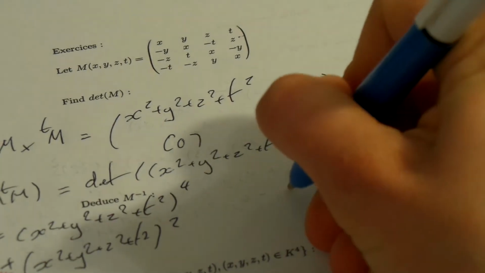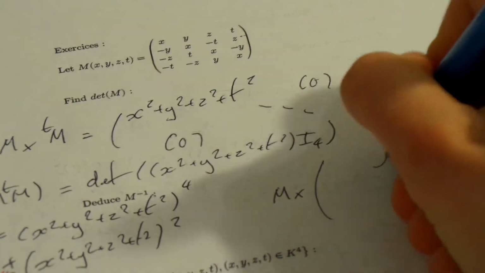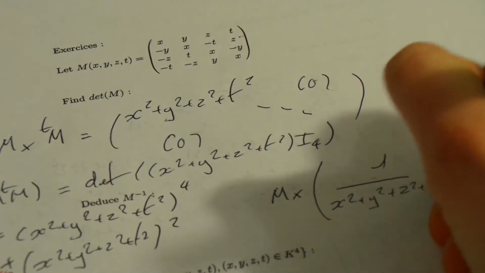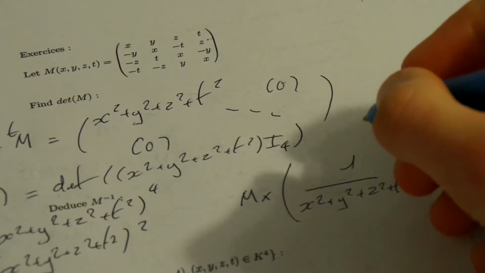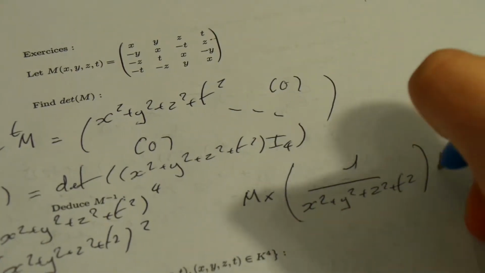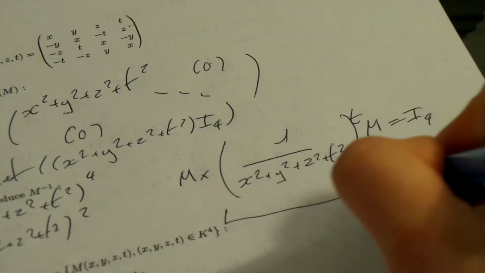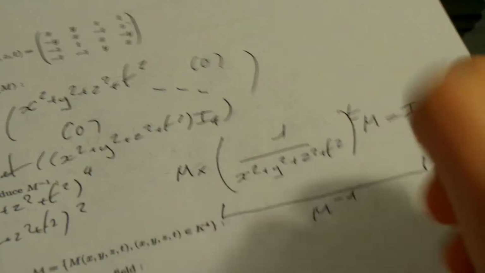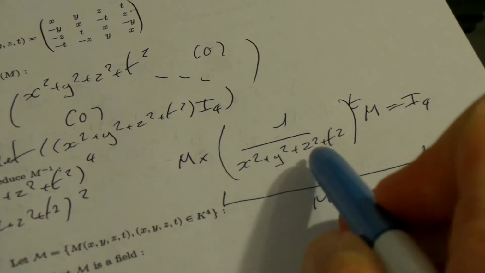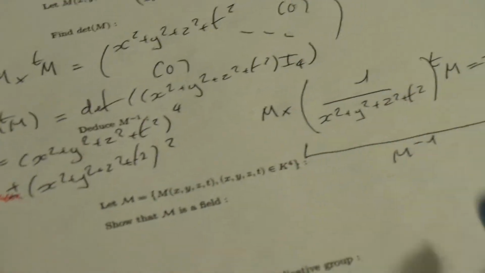By rearranging, we get m times 1 over x squared plus y squared plus z squared plus t squared, times transpose of m is I4. So that tells us that this here must be m to the minus 1, which also explains why this is similar to the determinant, since if it's 0 then m wouldn't be invertible, and this is coherent with what we have before.